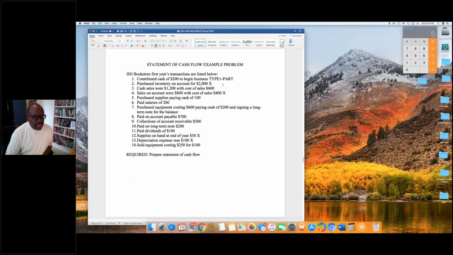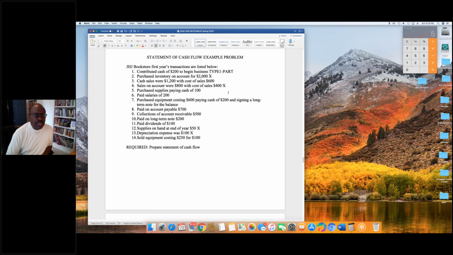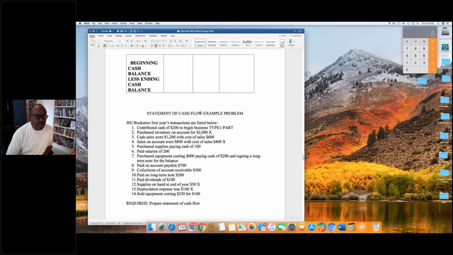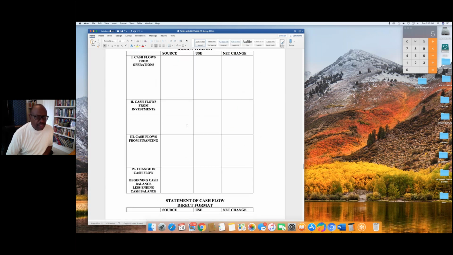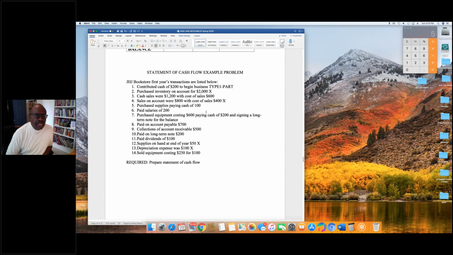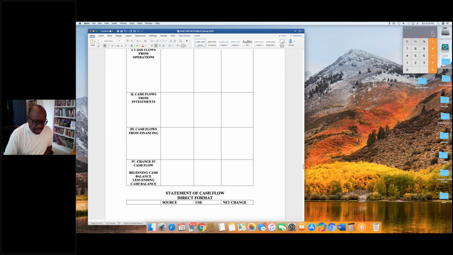Well, we'll work on that. So our first transaction, we contributed cash of 200. This is a type 1, which goes in part 3. So we know that if it's a type 1, it's going to go in part 3. And so we're going to type it in here. So we contributed cash of 200. That's going to come right here.